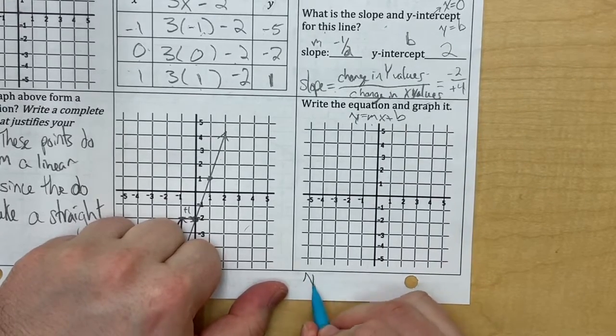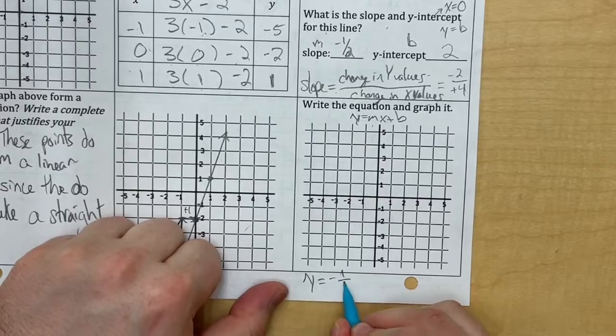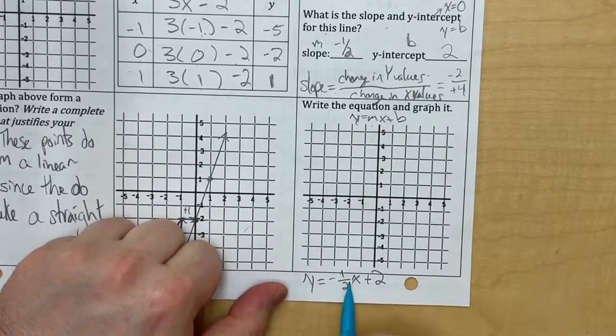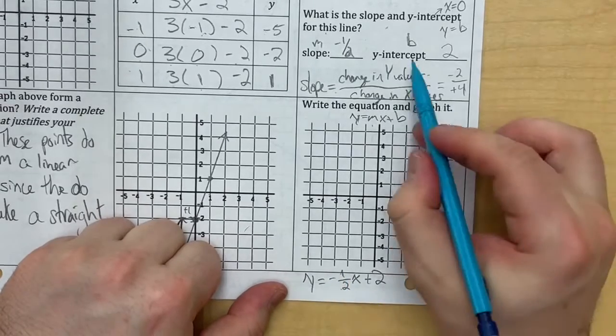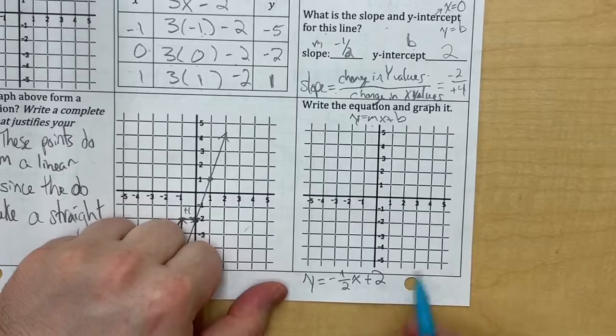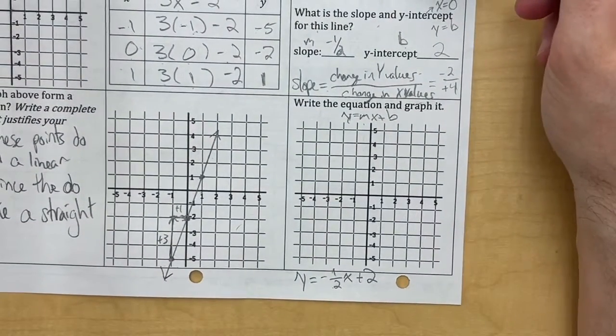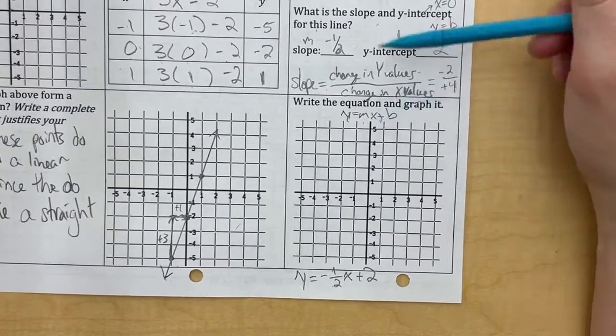So you say y equals -1/2 times x and then plus 2. So notice how -1/2 is our slope m and our b is our y-intercept of +2. Now we can graph it. So again, we went from the table to the equation to the graph.